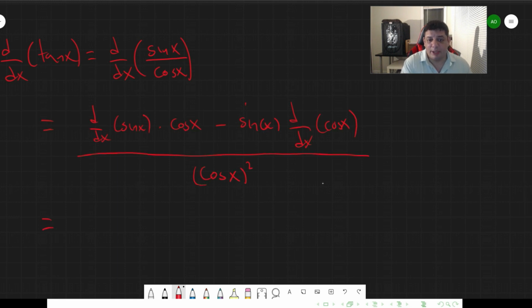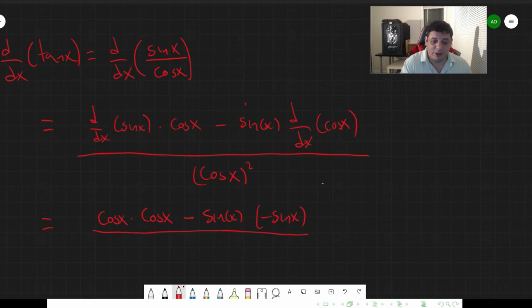Now from here we can compute the derivative. The derivative of sine is cosine. So we're going to have cosine times cosine, minus sine, and then the derivative of cosine is minus sine. Okay, so that is according to the rules that we just established.